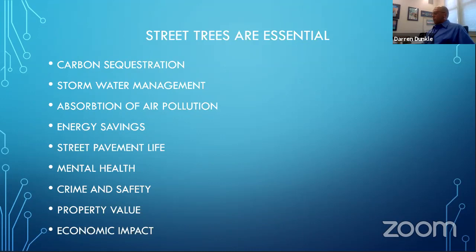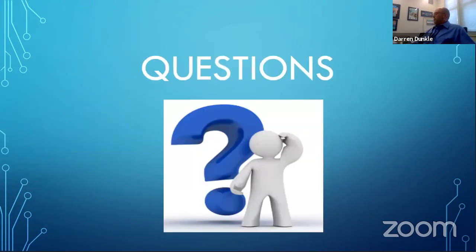We look at some of the energy savings of our residents by the shade it provides, and also the street pavement life. The more shaded a street is, the longer life of the street itself. And it also leads into crime and safety. People feel safer around things that are aesthetically pleasing. It also impacts property value.